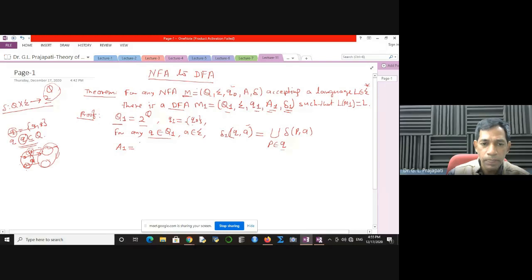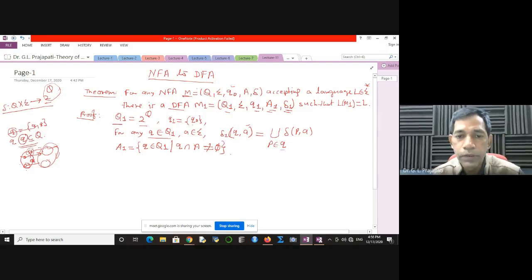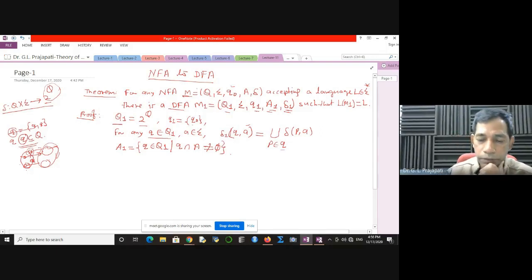This is the set of Q, taken from Q1, where Q is any state of your DFA such that Q intersection with A is not equal to null, where A is the accepting states of your NFA.